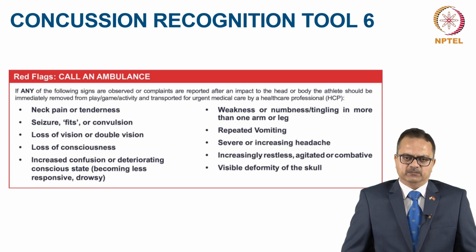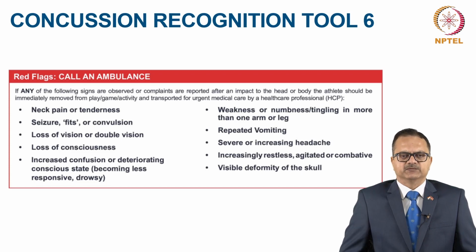Vomiting or repeated vomiting. Severe or increasing headache. Increasingly restless, agitated or combative. Visible deformity of the skull. If you see any of these signs when you are administering the CRT, make sure you call an ambulance and transport the patient to a hospital.